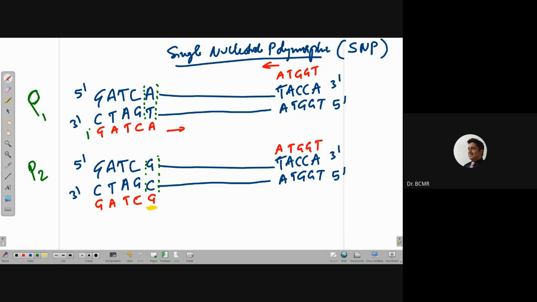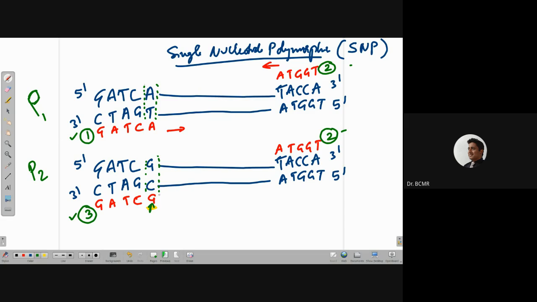We'll call this primer 1, this primer 2, and this primer 3, and this one primer 2 again, because they are the same sequence, whereas primers 1 and 3 are different. How much different? It's just one base, but they are still different sequences.